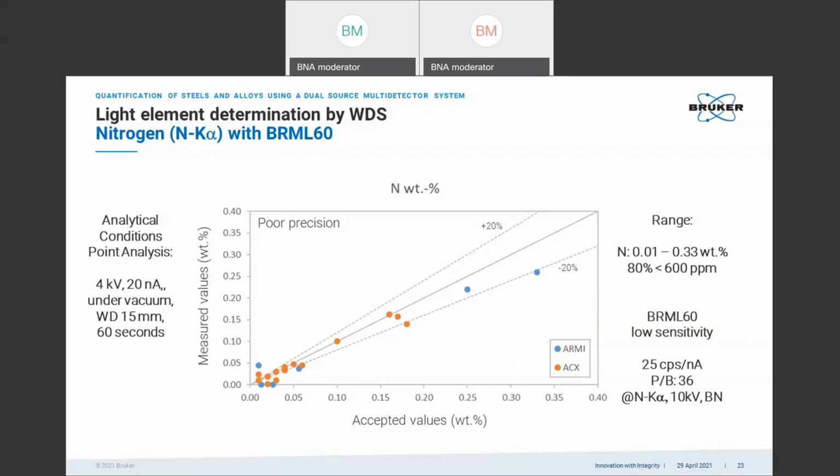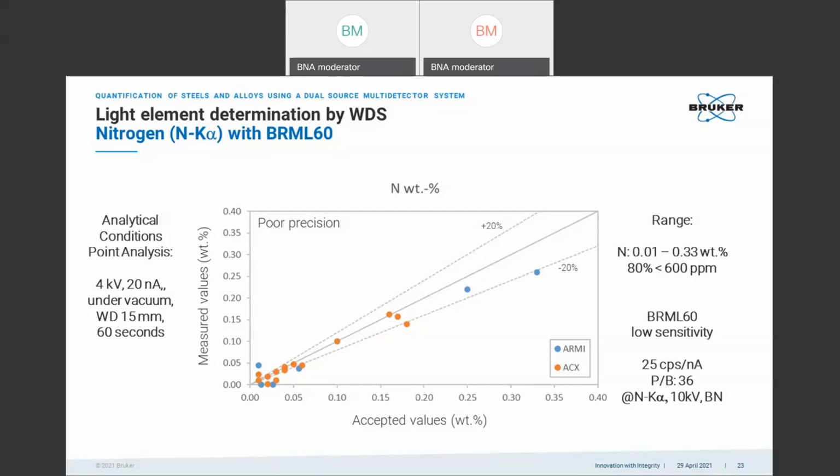The precision is somewhat poor with the diffraction element that we use, the 60 angstrom multi-layer, because this multi-layer has a low sensitivity in this energy range.